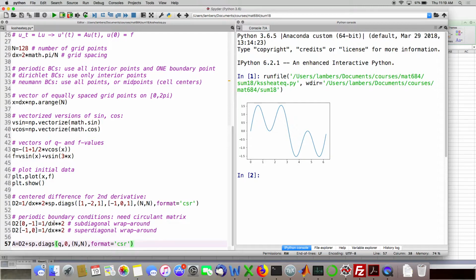Okay. Dr. Lambert, yeah, question. Why CSR as opposed to another form? Well, there are many choices. The reason I use any format at all is that if I don't put this format here, it'll use diagonal format, which is good for Toeplitz matrices like this one, but then it won't let me do this.